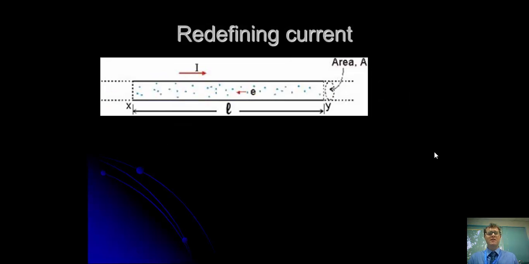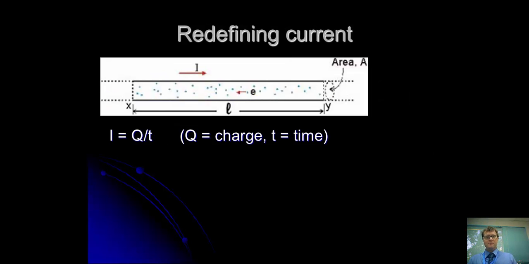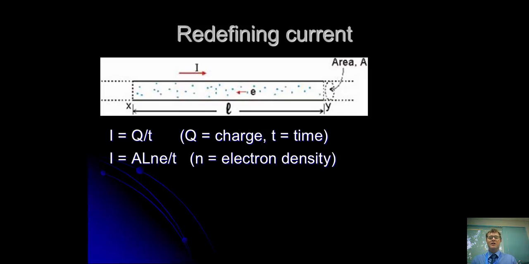So first of all, let's redefine current. We accept that current equals charge passed divided by time. That's acceptable. Now, what I can do here is, rather than thinking of the total charge, I can break this down into the amount of electrons that pass by.